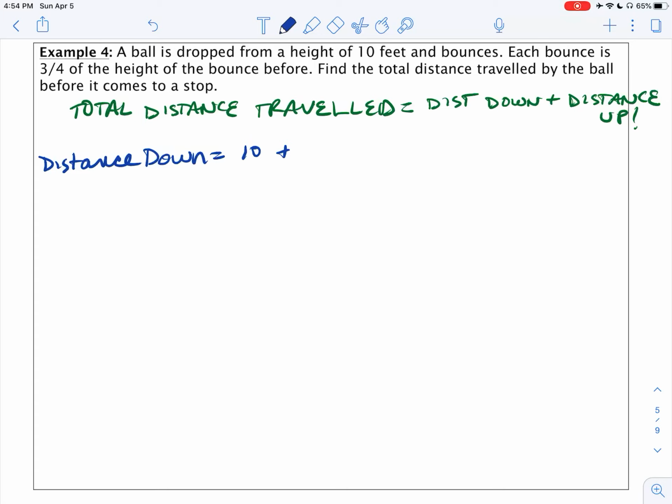And then it's going to go back up 3/4 and it will bounce back down again. So we would have 3/4 of 10 to go back down again. And then when it goes back up, it's going to go 3/4 of that distance.